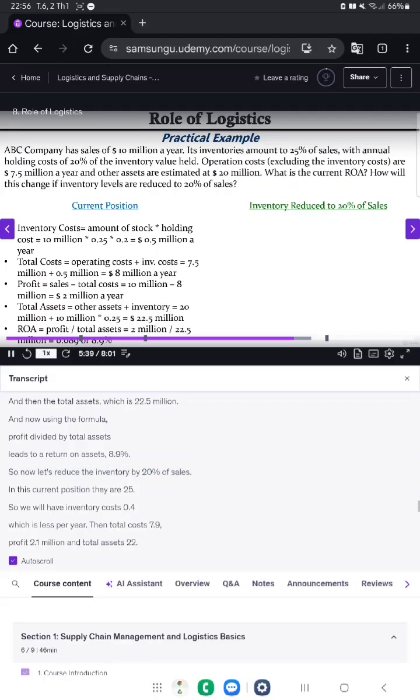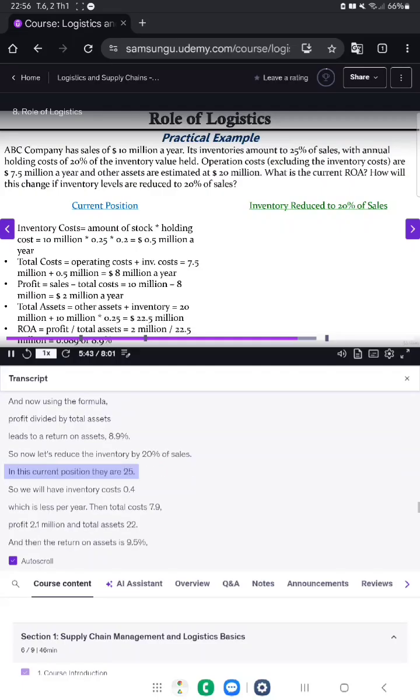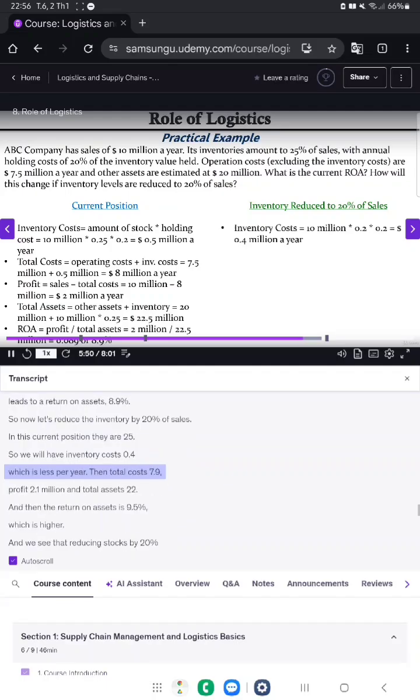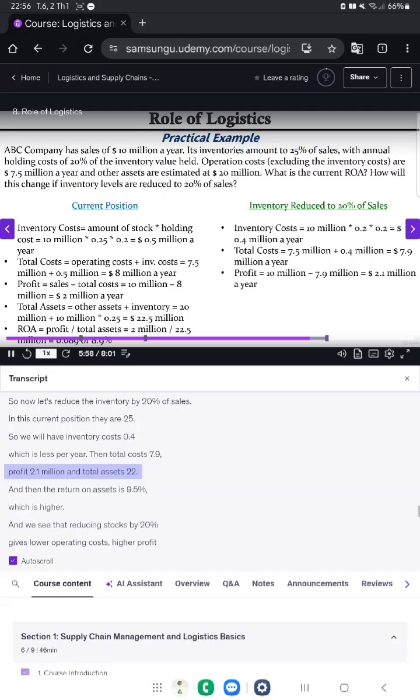So now let's reduce the inventory to 20% of sales. In the current position, it is 25%. So we will have inventory costs of 0.4, which is less per year. Then total costs 7.9, profit 2.1 million, and total assets 22.